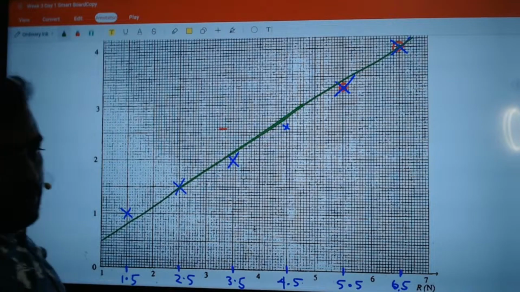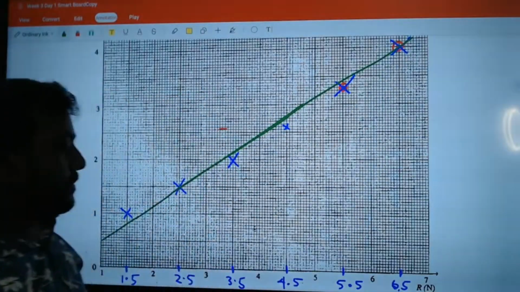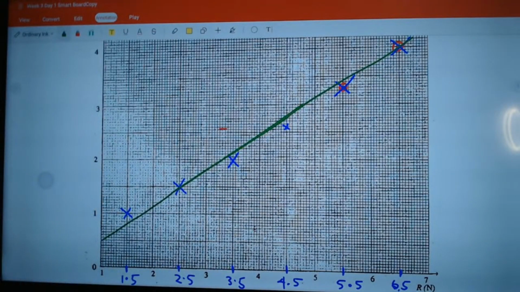Here I am using a freehand sketch, no? But keep a ruler and draw. Best fit line you will get. Right.